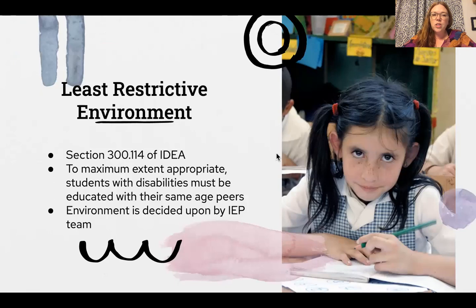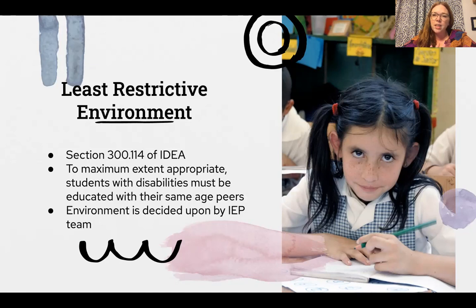So the least restrictive environment is also outlined in the Individuals with Disabilities Education Act, section 300.114. Basically, the least restrictive environment says that we're going to provide educational services for students with disabilities as much as humanly possible with their same age peers.